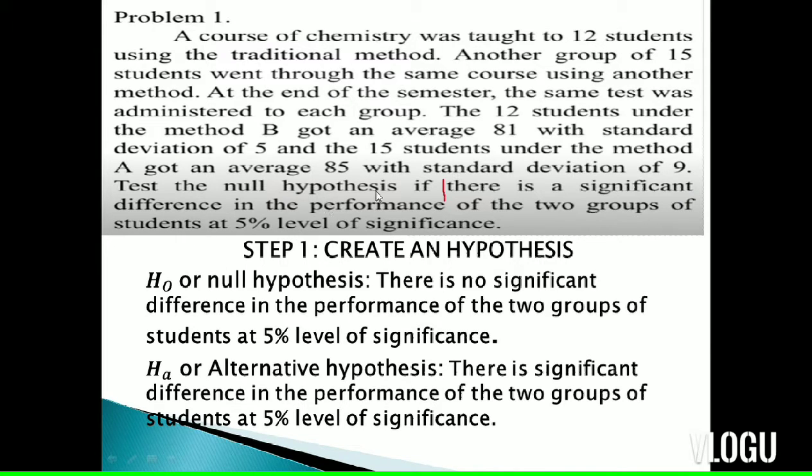This imperative na siya, kanang alternative hypothesis. So ang null hypothesis ana is there is no significant difference in the performance of the two groups of students at 5% level of significance. Ang alternative, mao ning imperative sa problema: there is a significant difference in the performance of the two groups of students at 5% level of significance.